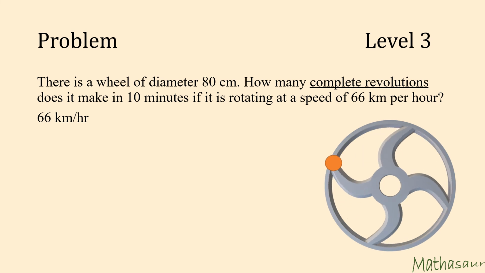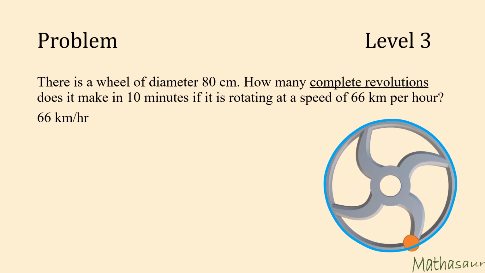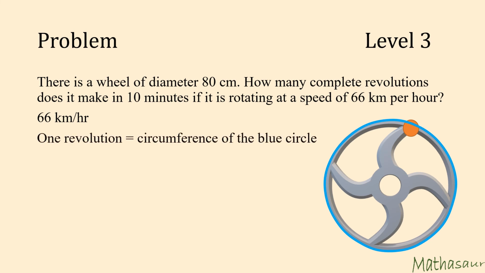Let us see what a revolution looks like. Let us mark the circumference of this wheel with a blue circle. Now follow the orange dot. We see that one revolution is equal to circumference of the blue circle or 2 pi r.